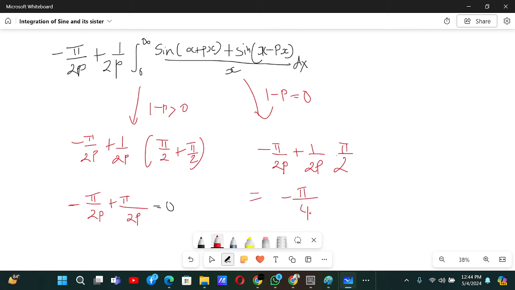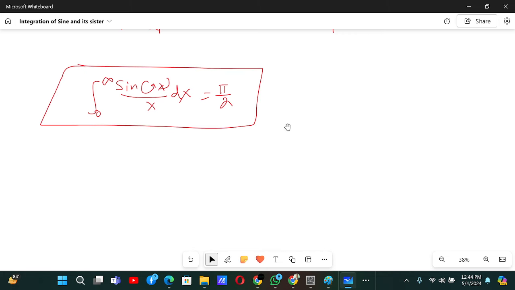Yes, and next, last case. Basically I think you know that the integral from 0 to infinity of sin ax by x dx is just equal to pi by 2. Yeah, so I'm using this formula everywhere right now, if you are in confusion.